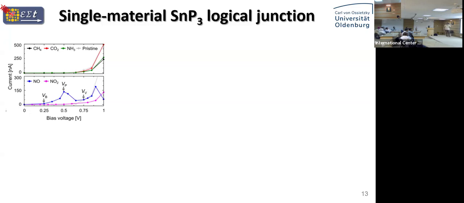But the peculiar behavior we notice is when we absorb the NO molecule. For NO2, it's somewhat similar, though the increase in current is not as high as we see in the other molecules. Essentially, what we notice here is negative differential resistance: you increase the voltage up to a critical value, and on further increasing, instead of the current increasing, it drops, and then it starts increasing again.